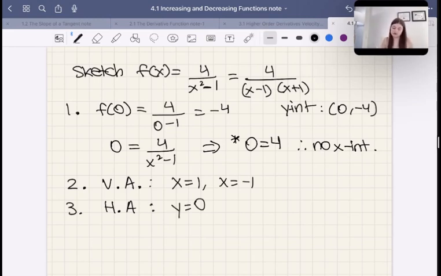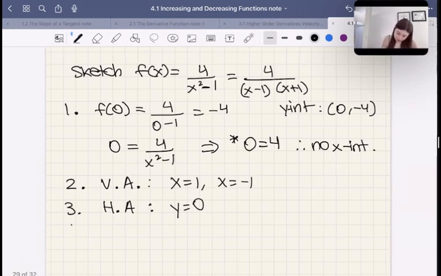The degree of the numerator is 0, and the degree of the denominator is 2. So therefore, we would have a horizontal asymptote. Now, the other option is if the degree of the numerator and denominator were the same, then it would just be the coefficients of the highest degree terms of the numerator and denominator.